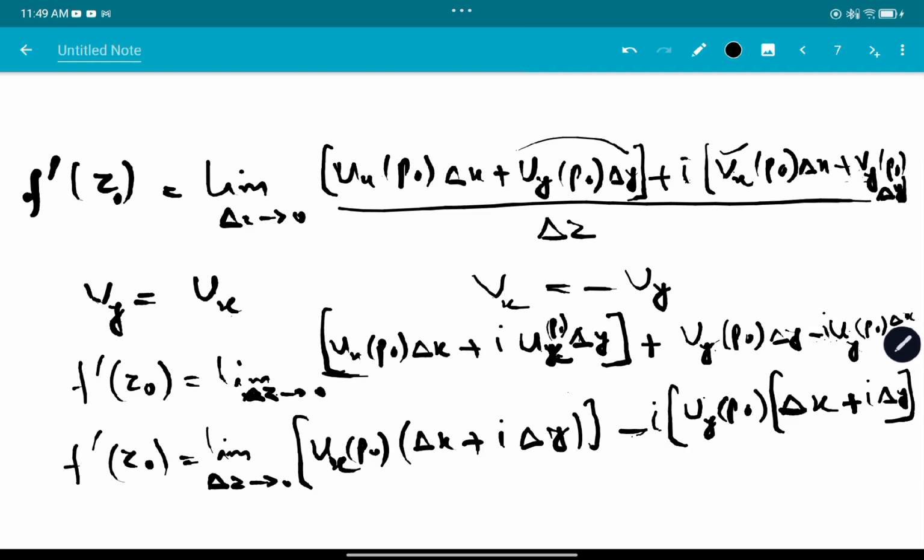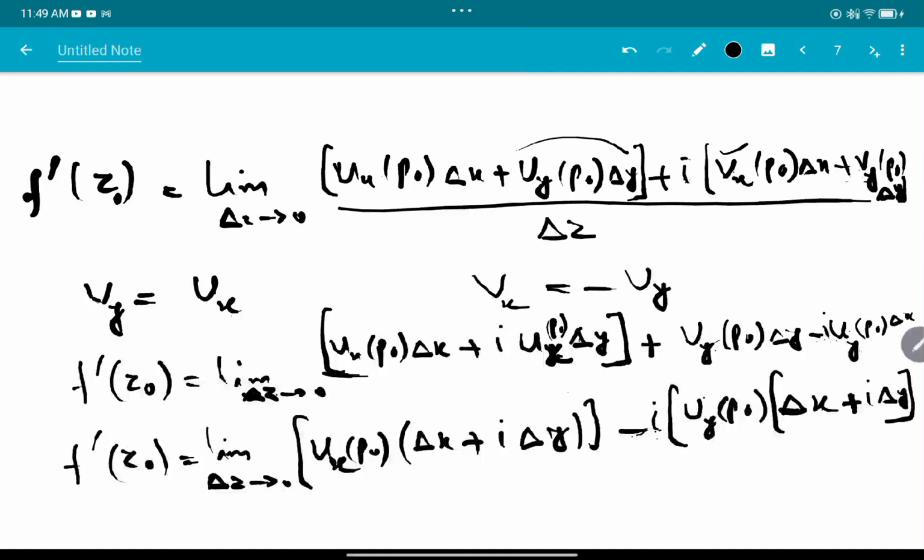I have i vx ∂/∂x plus vy ∂/∂y. That's absolutely correct, no problem there. But where does the problem arise? Then you have to take it here minus, common minus, then this term will come at the front, this will be delta x plus i delta y.